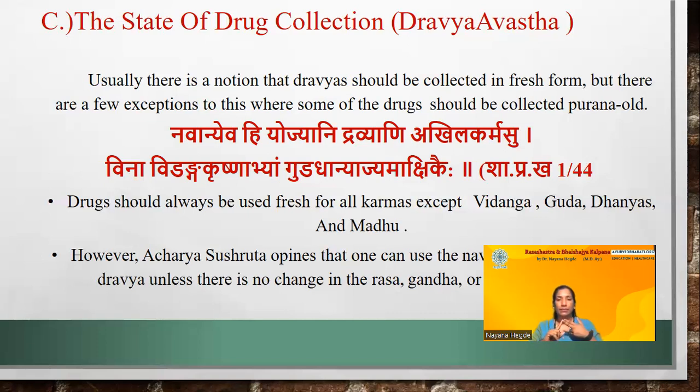Ajya means ghrita. Makshika is honey, madhu. So drugs should always be collected in the fresh form for all karmas, except drugs like vidanga, krishna, ajya, dhanya, madhu, guda.